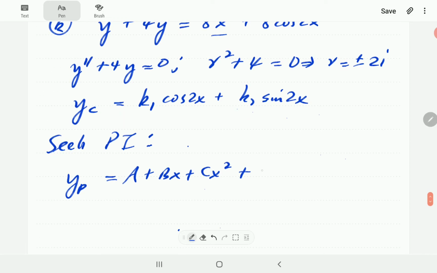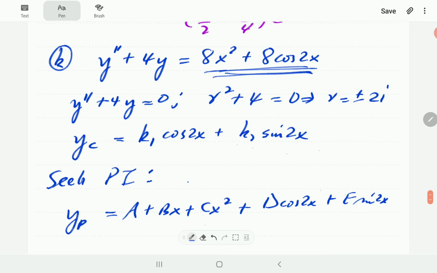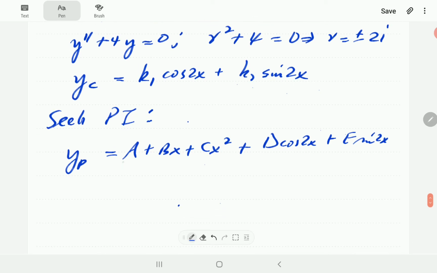So for that, we're going to have to write d cosine 2x plus e sine 2x. So that's just based on the non-homogeneous term. So because we have got the sum of a quadratic and a trigonometric term, this term is the functional form of the quadratic, and this one is the trigonometric term.